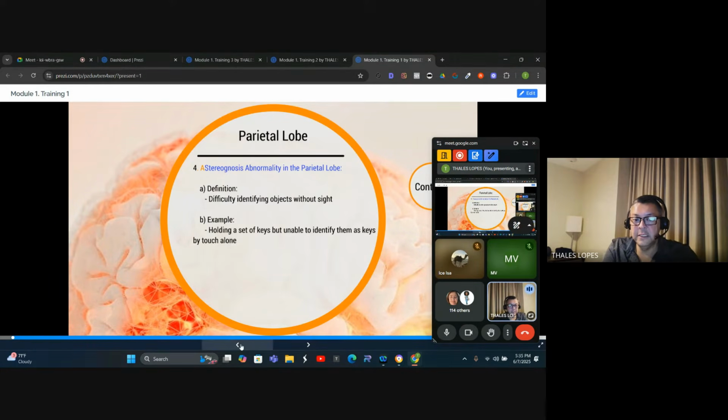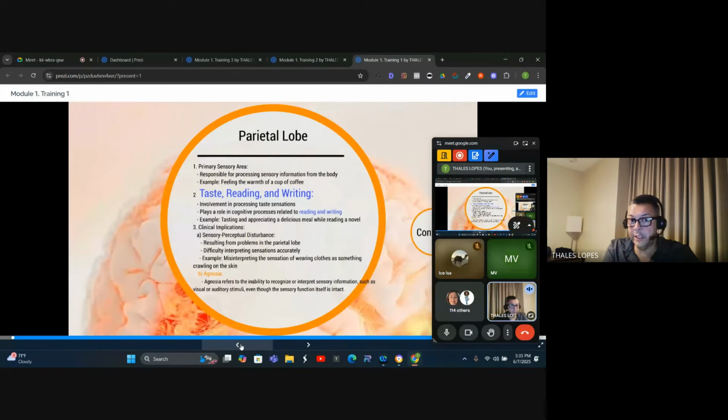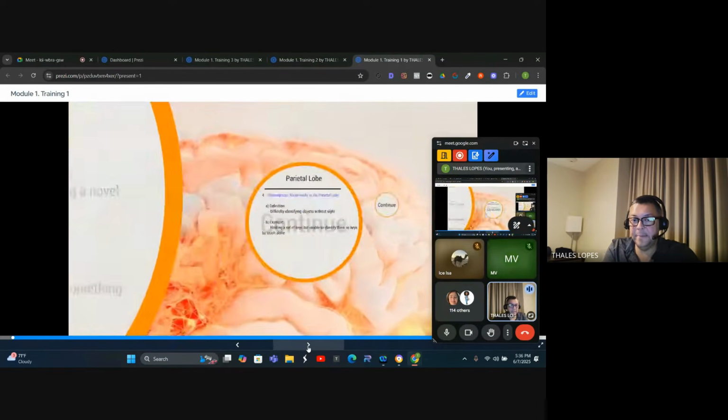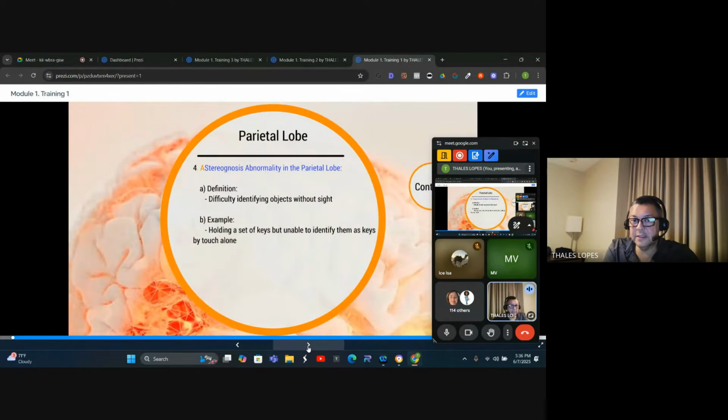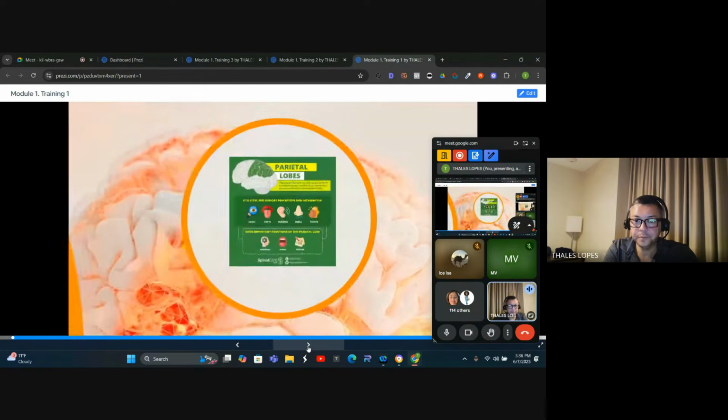Very important. So if you talk about the parietal lobe, remember tasting, reading, and writing at minimum. And the ability to recognize objects without seeing falls under the parietal lobe, more specifically stereognosis, right?